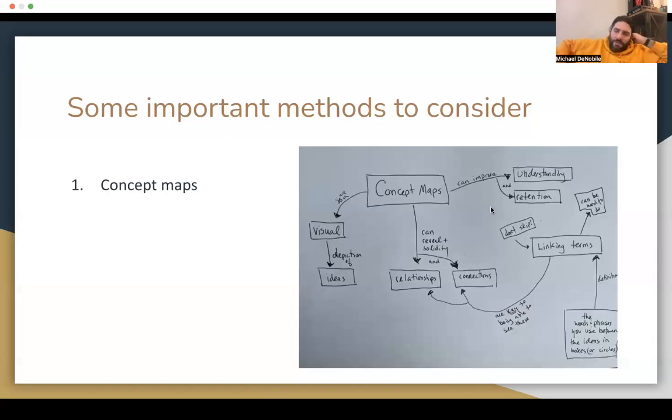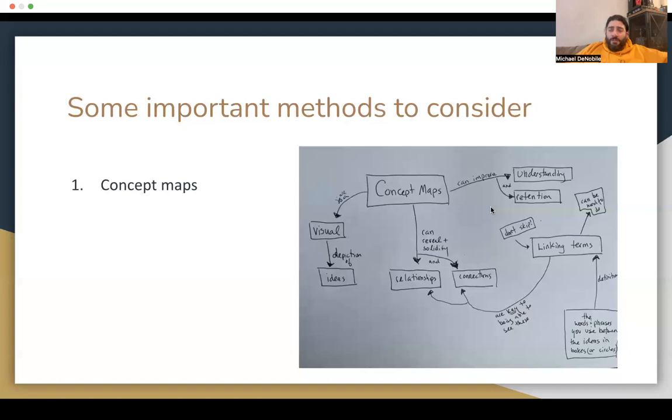Concept maps could be used in any subject. It could be used in trying to understand the relationships of different ideas in art, in music, in science, in math, in history, in foreign language. You name it. You could use it in any different way.